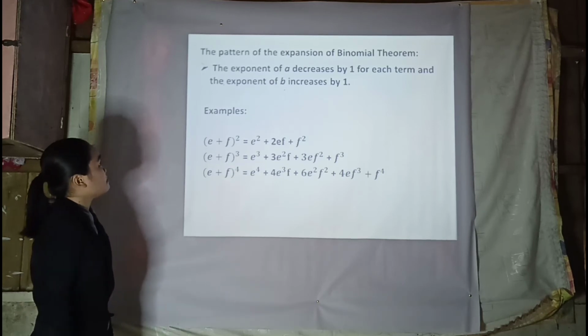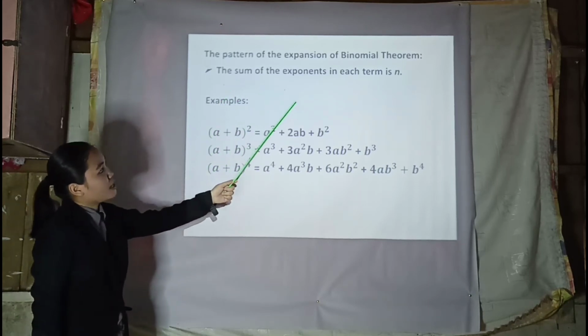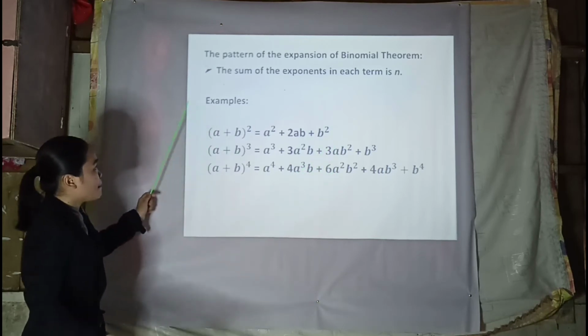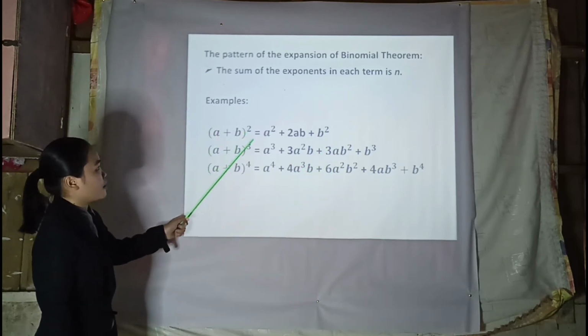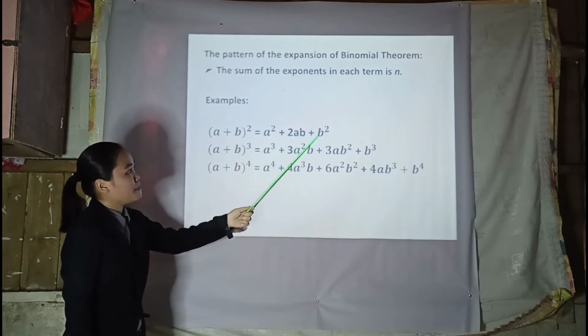Okay, let's proceed. The next pattern is the sum of the exponents in each term is n. For example, (a + b) squared equals a squared plus 2ab plus b squared.